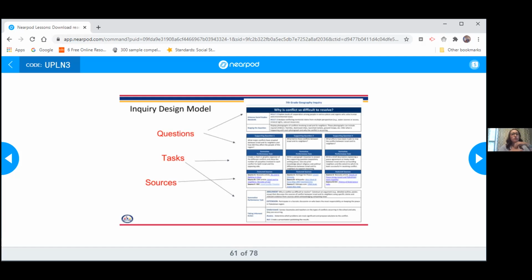Perfect. So the one that we put in the chat would be something that a teacher would engage with towards the end of the year, because it's about the Arab-Israeli conflict. And the main question is, why is conflict so difficult to resolve? What a great question, right?